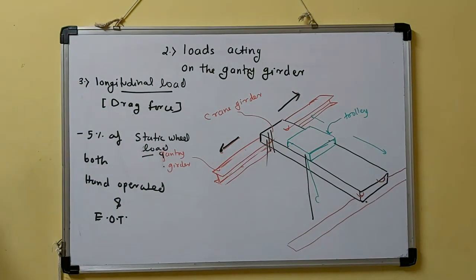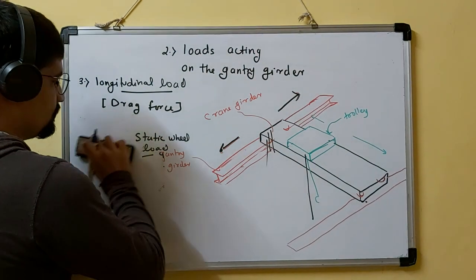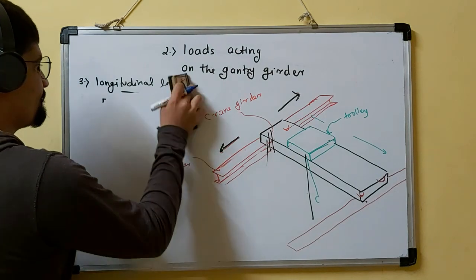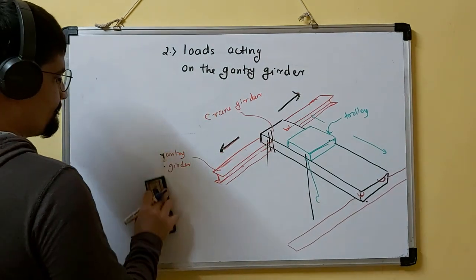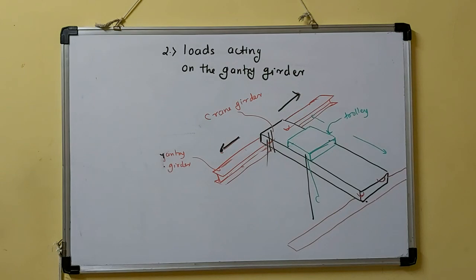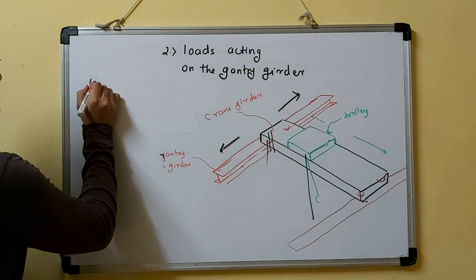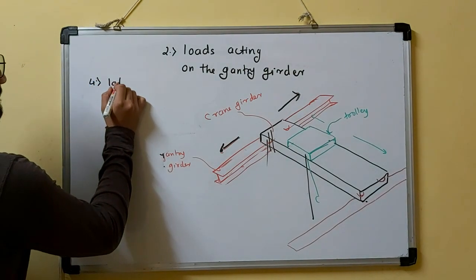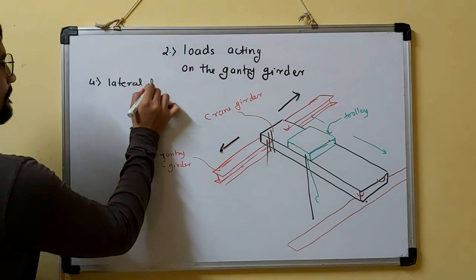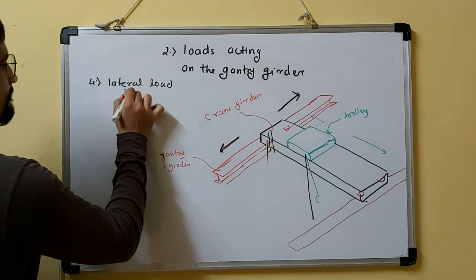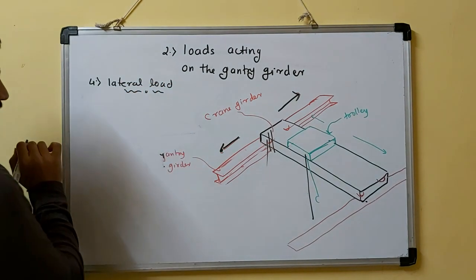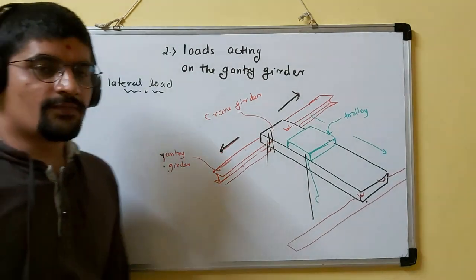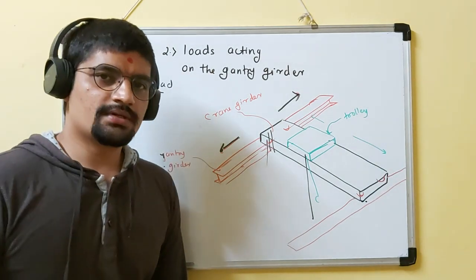Now the fourth load. The fourth one is lateral load. What is the difference between longitudinal loads and lateral load?